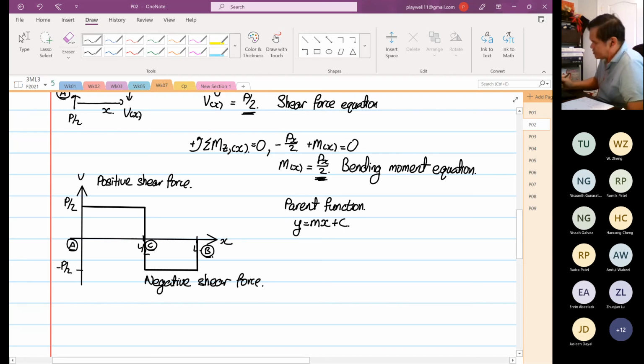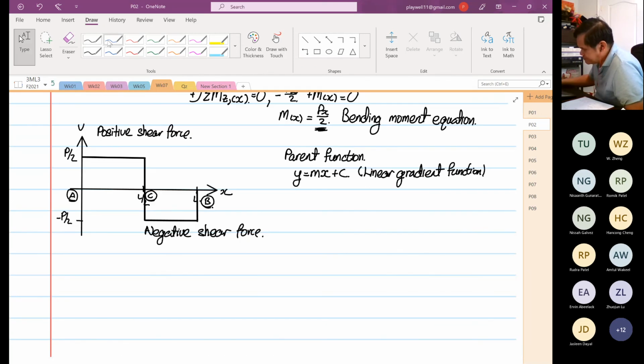Yes or no? So this is our linear gradient function. When that's the case, you have our bending moment diagram.